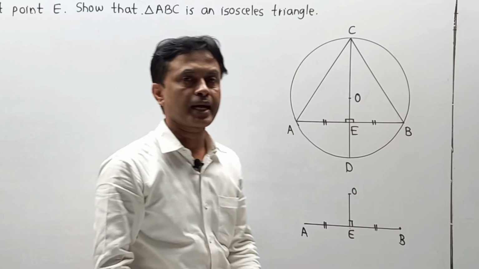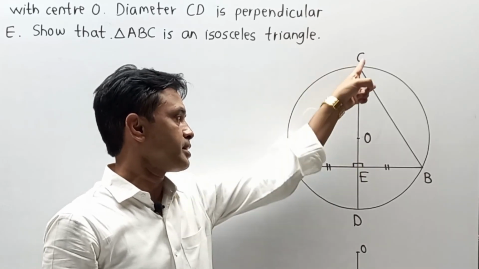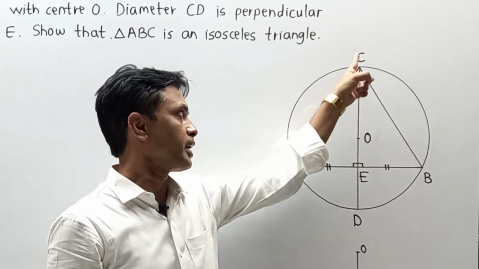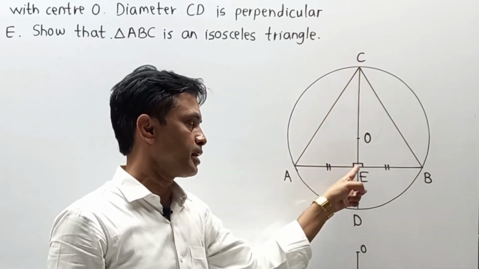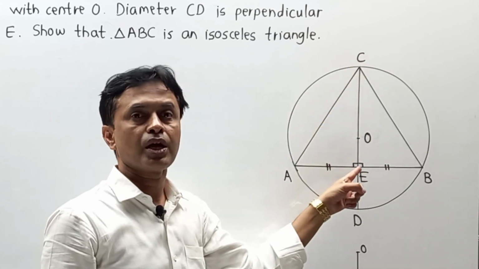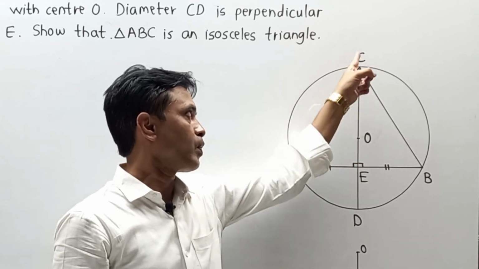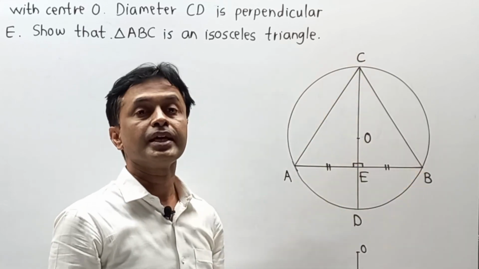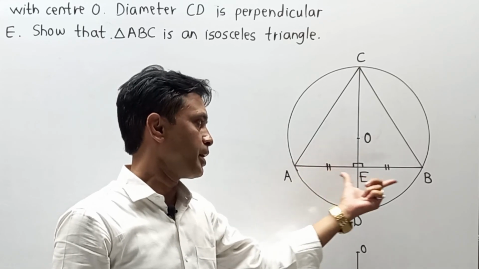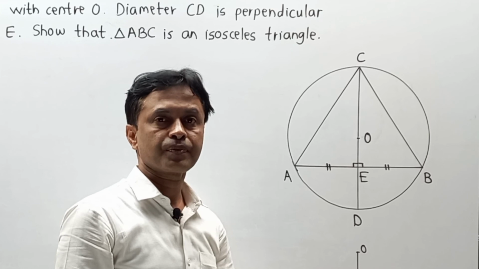Now observe the triangles carefully. The first triangle is CEA, and the second triangle is CEB. One by one: CE is congruent to CE, a common side. Angle CEA is congruent to angle CEB, each 90 degrees. And AE is congruent to BE from this part.